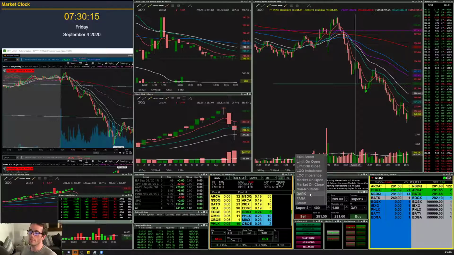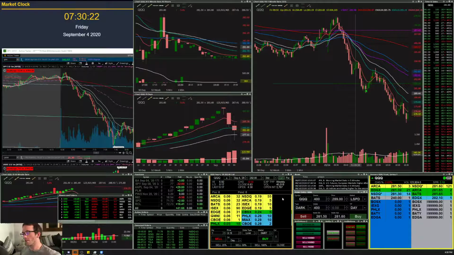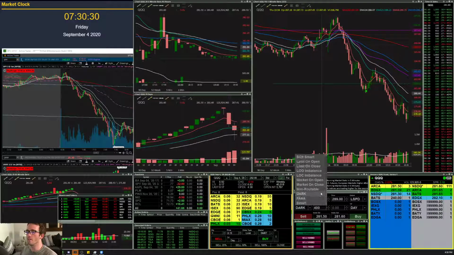There's dark, which is cool. If you're trying to buy 10,000 shares of something, or 20, 50,000 shares, you use dark pools, and you get filled. They have a lot of liquidity. So if there's only 300 shares on the bid right here, but you want to see if there are prices on the bid or in between the bid and the ask, and fractional, in between a cent, like 1.38 cents.